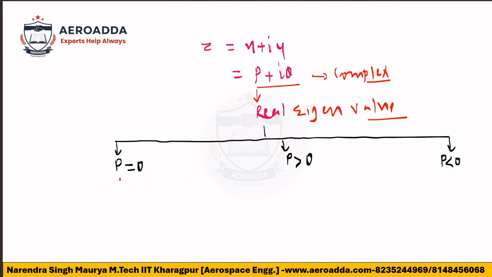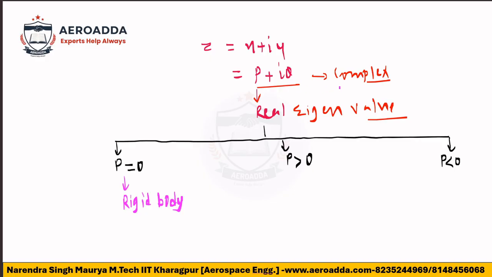So if it is zero, then the behavior will be rigid body, described by a simple rigid body displacement, just like in a solid structure.